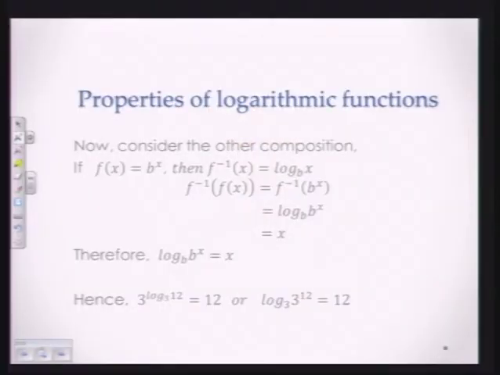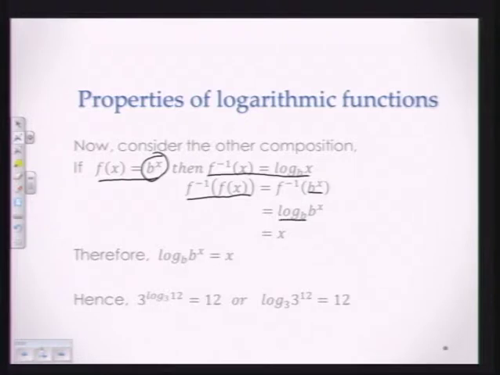Now let's go at this from the other composition. Now we're going to keep f of x equals b to the x, and remember that means f inverse of x equals the log base b of x. And remember that f inverse of f of x is x. So let's take f inverse of f of x. Well, f of x is b to the x. So I'm looking at f inverse of b to the x. But remember, f inverse of something is the log base b of that something.